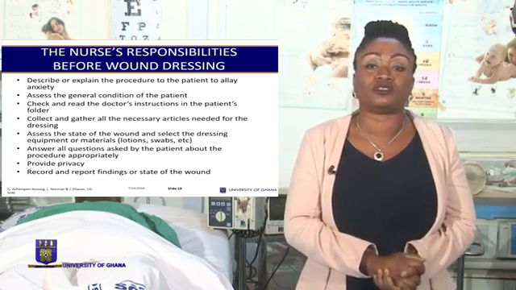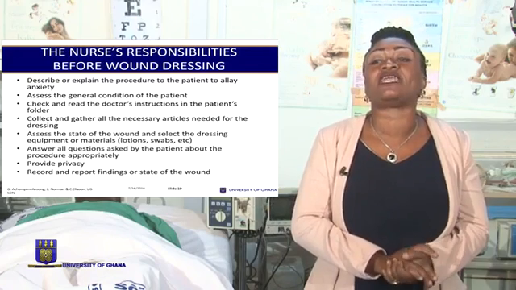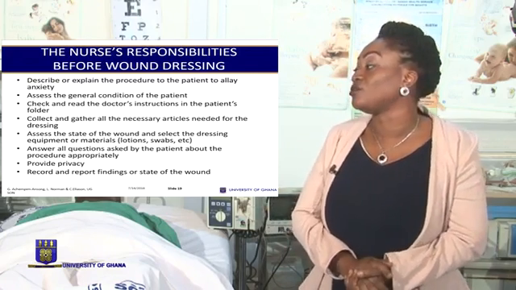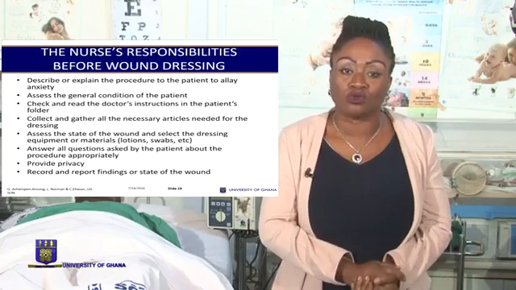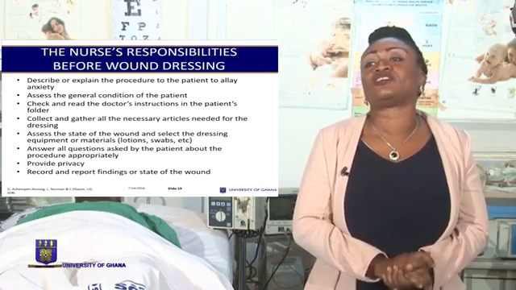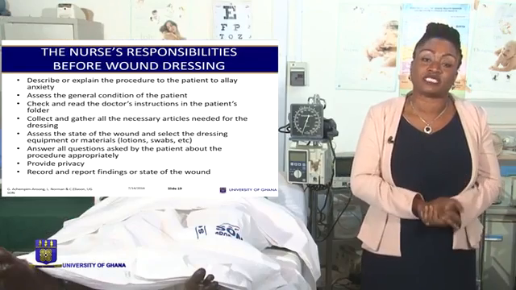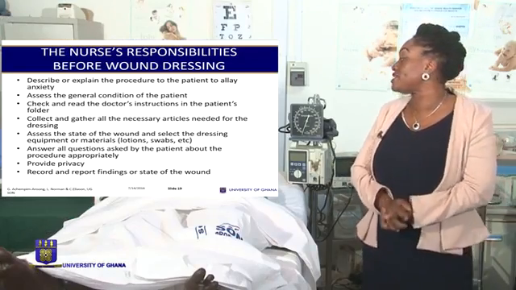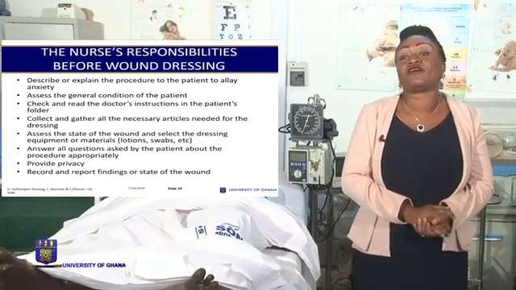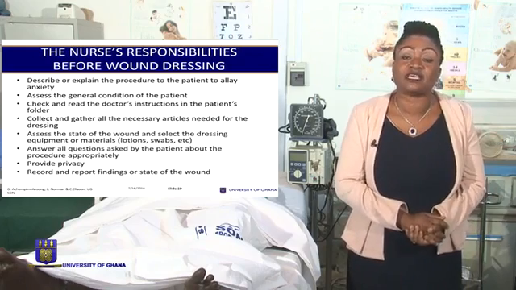That is the old dressing. All other things are done by the dresser or the one who is going to dress the wound. If you are doing it alone, then it will require that you do a lot of hand washing, because the same nurse protects the bed, positions patients, provides privacy as well.